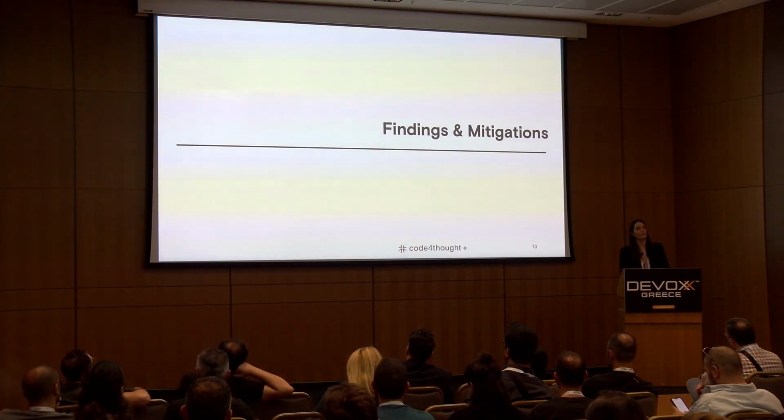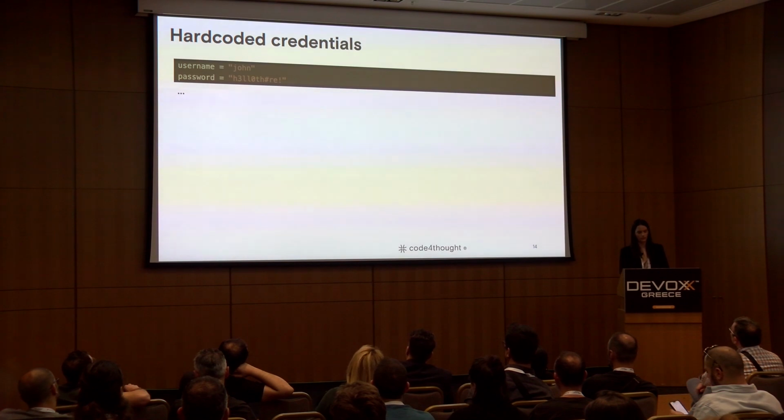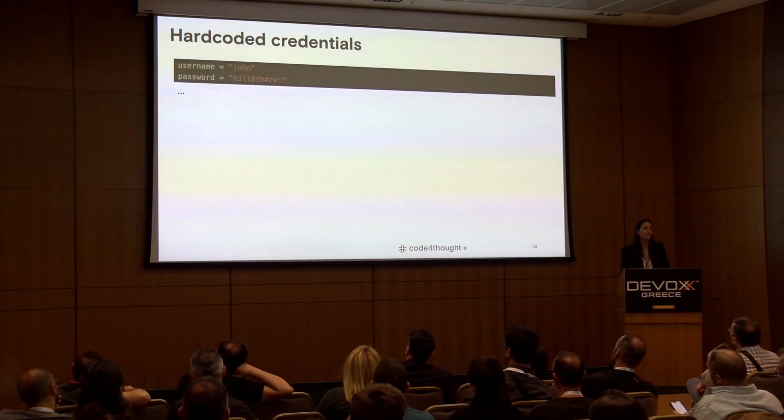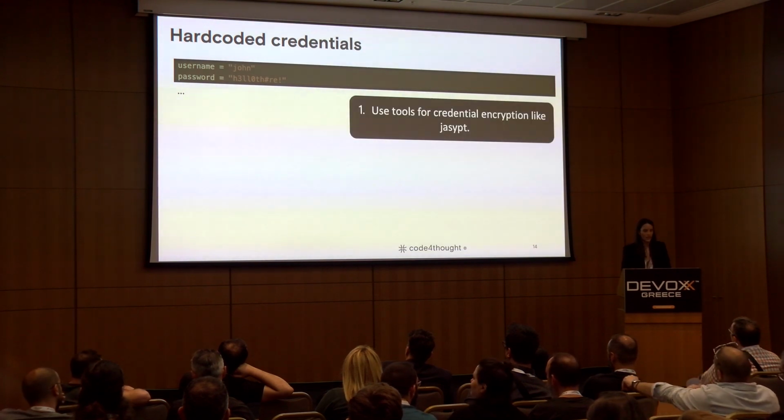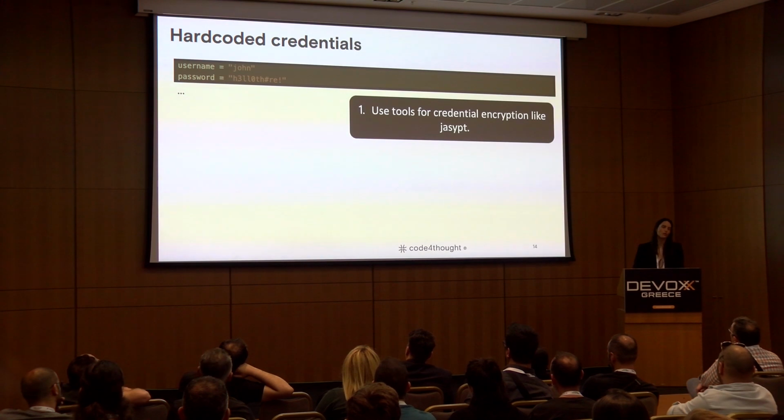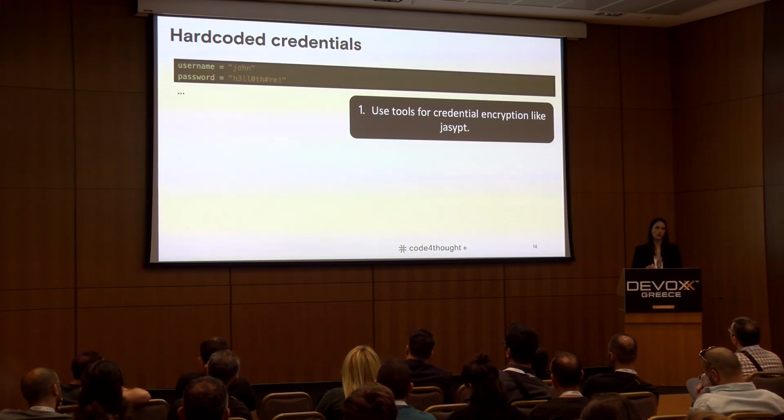Let's see some findings and some common mitigations. First of all, hard-coded credentials, which may be weird, but we see it very often in code bases that they are not handled as much as they should be. So, first of all, someone could use tools to encrypt application credentials.